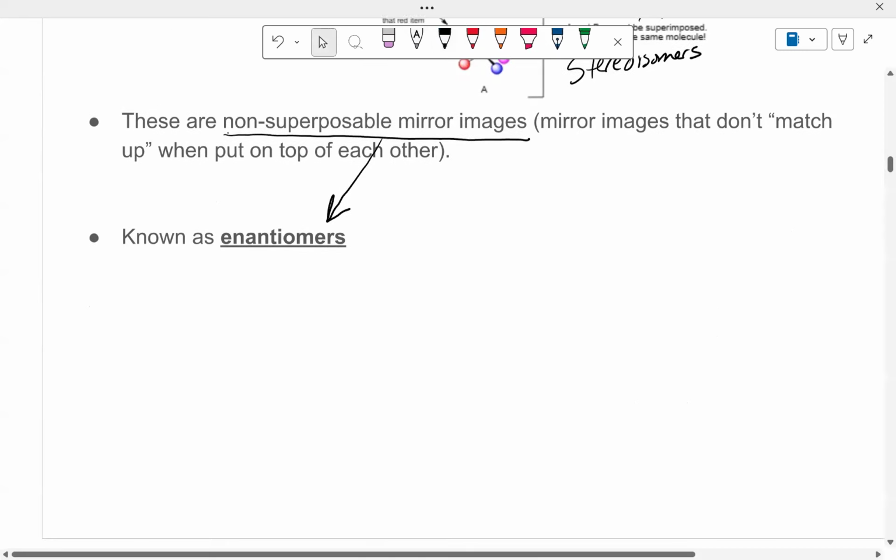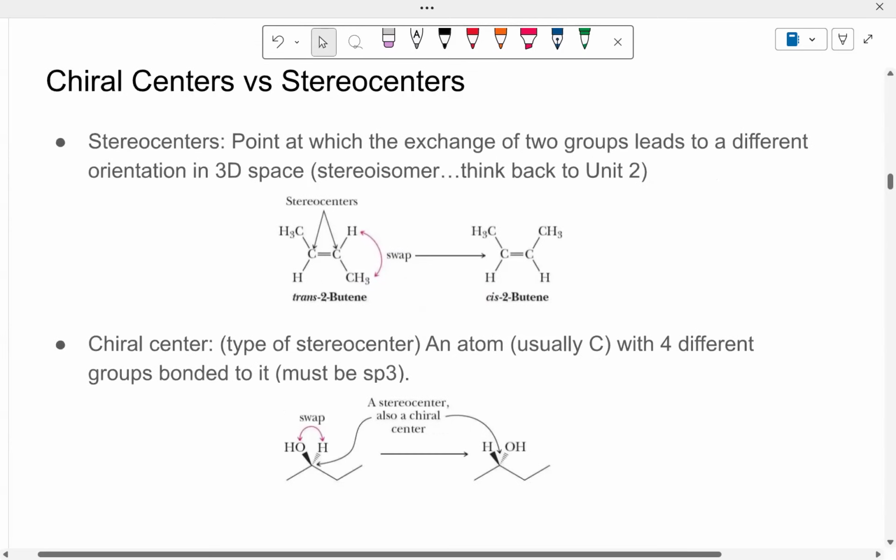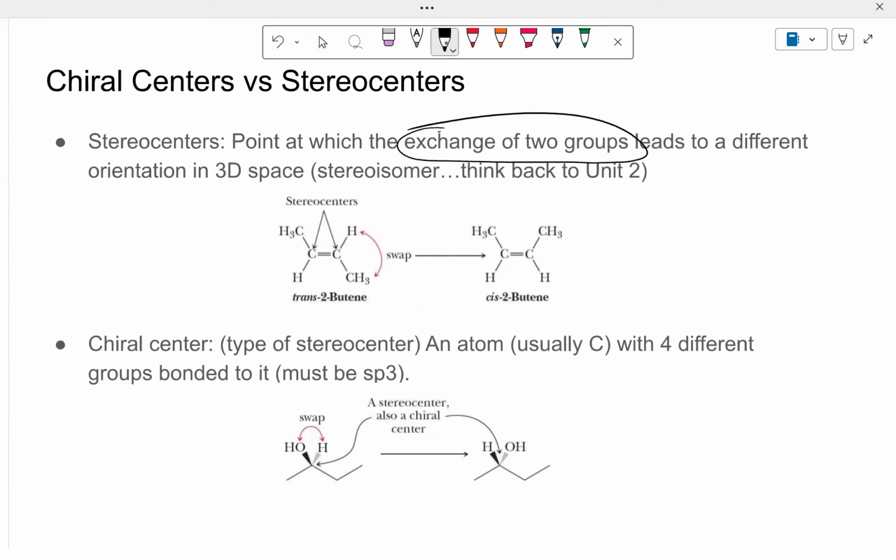Now, before I dive deeper into this, let's talk about finding what are called chiral centers, or stereocenters. Now, a stereocenter is a point at which the exchange of two groups leads to a different three-dimensional arrangement. Okay, think back to cis-trans isomers from our last unit.